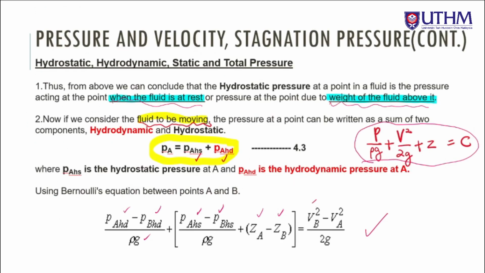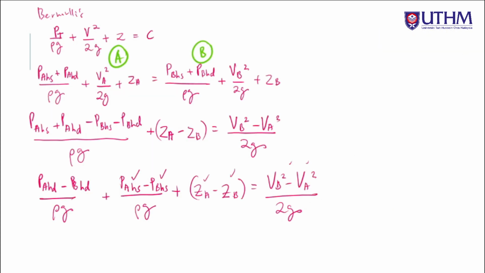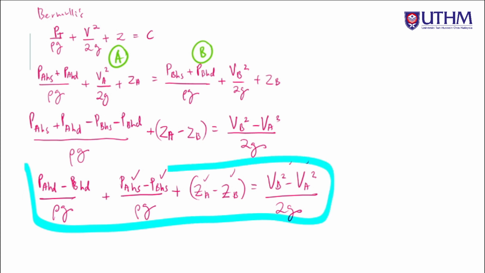So kita dapat tahu this is actually based on Bernoulli. Macam mana kita nak kaitkan situation between point A and point B. Okay, so this is apa yang kita boleh guna pakai.